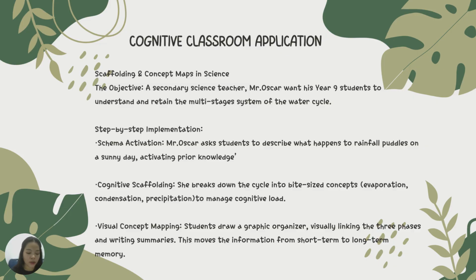He used cognitive strategies. First, he activated the existing schema by asking students about puddles. Second, he avoided cognitive overload by chunking the materials. Finally, students co-create structured graphic organizers, visual maps of the relationships between them, directly helping them transition from working memory to long-term memory.